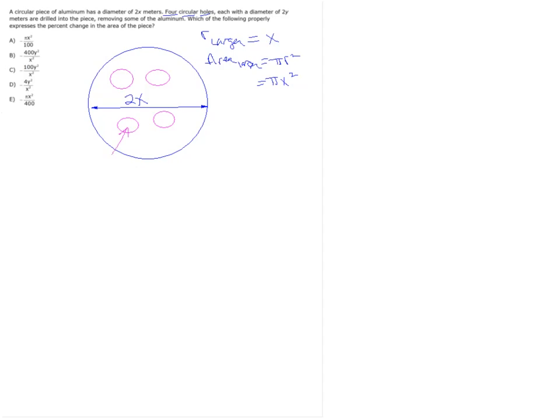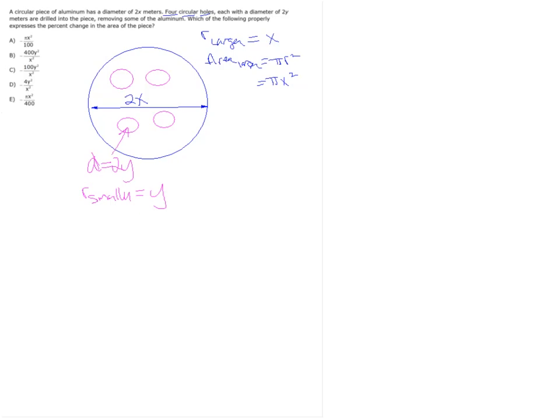So the radius of each of the smaller circles is simply equal to y meters, right? Because the radius is half of the diameter. Okay, so far so good?